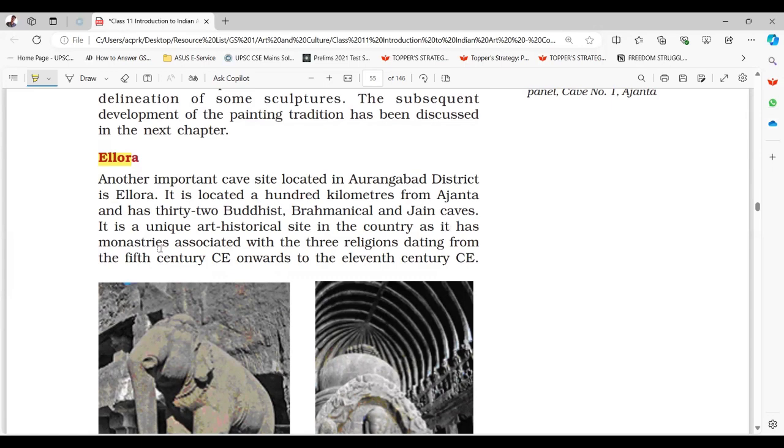It is a unique art historical site in the country as it has monasteries associated with the three religions dating from the 5th century CE onwards to the 11th century CE.